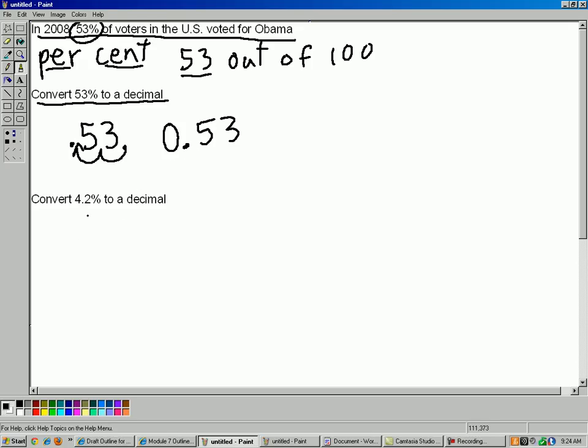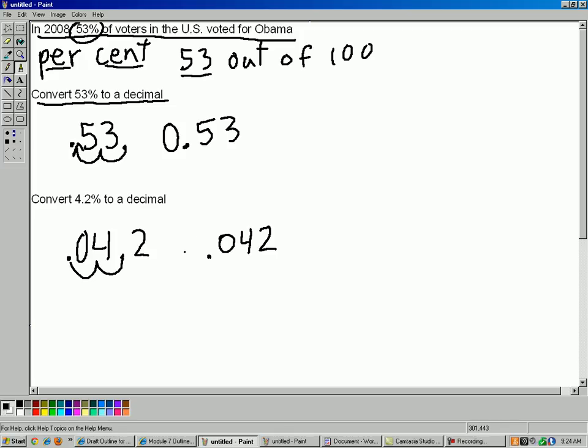All right, next example, convert 4.2% to a decimal. Same thing, start with 4.2. Technically, you're dividing by 100. In practice, you just take that decimal point and move it backwards two places, 1, 2. Now, anytime you have a blank spot, you have to put in a 0. And then the decimal point is here. So the answer is 0.042.